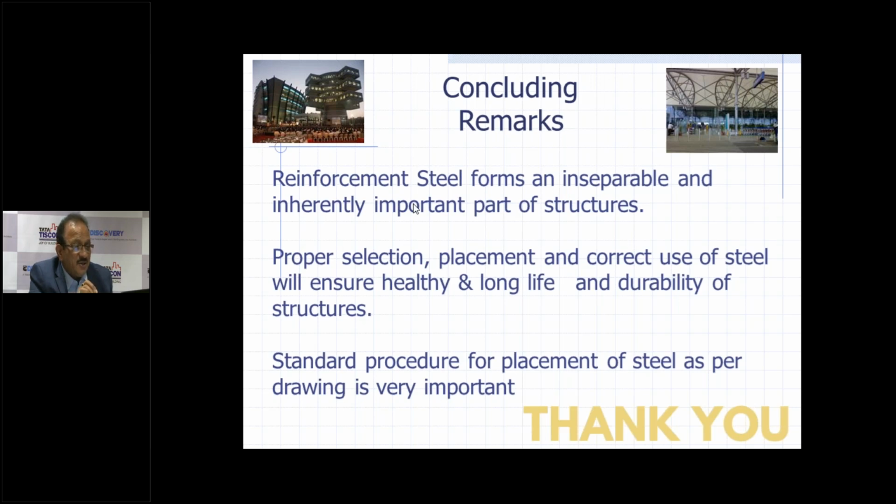This fly ash makes concrete denser, because the secondary hydration will reduce the permeability and the voids in the concrete, and thereby the ingress of moisture inside the concrete gets restricted, and thereby the steel gets protected from corrosion.